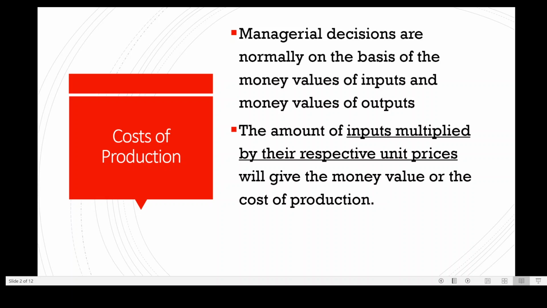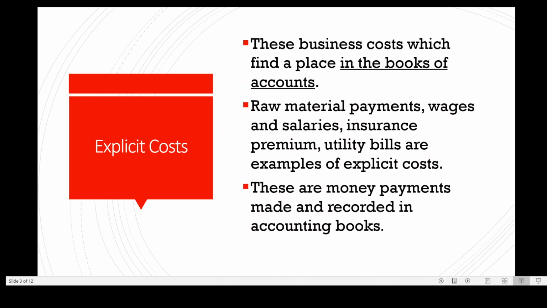Managerial decisions are based on the money values of revenues that they gather and the money values of costs that they incur. A cost of production is the amount of inputs that we use in the production process, and when that is multiplied by the respective unit prices, we get the money value of the cost of production.